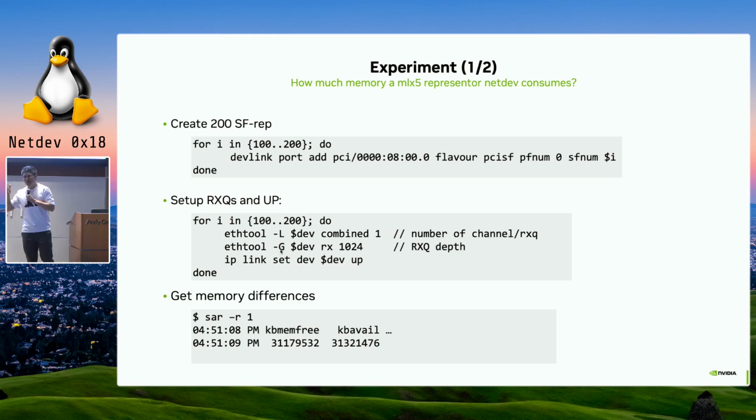So what I did is I just created many SF representors. I created 200 of them, and then I set up the RxQ, so 1 queue, with queue depth of 1K, and then brought up the device so that the page pool will really allocate the pages. And then I just got the memory difference of the whole system, and took the average divided by 200.